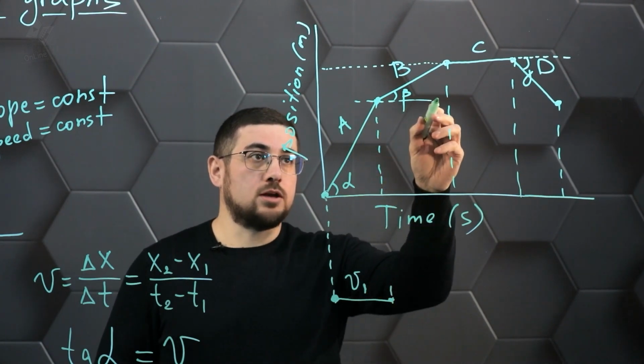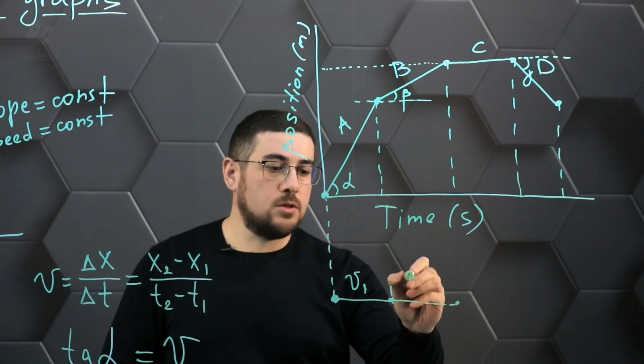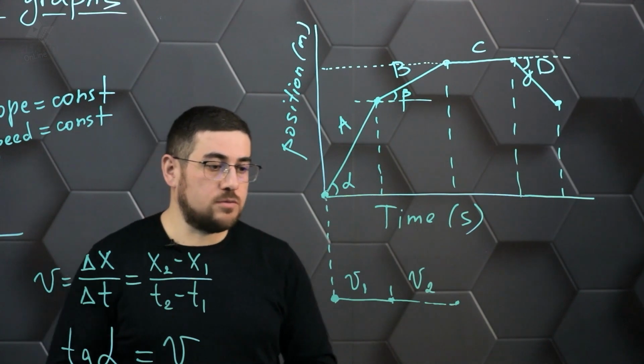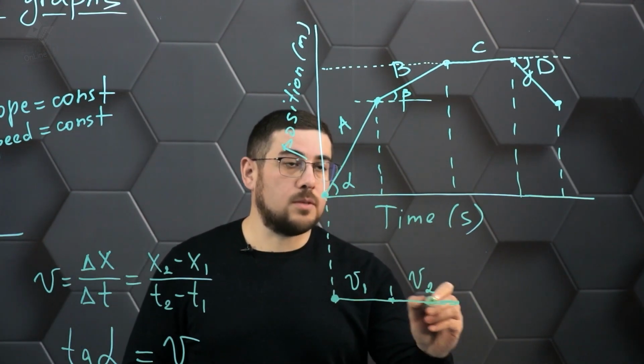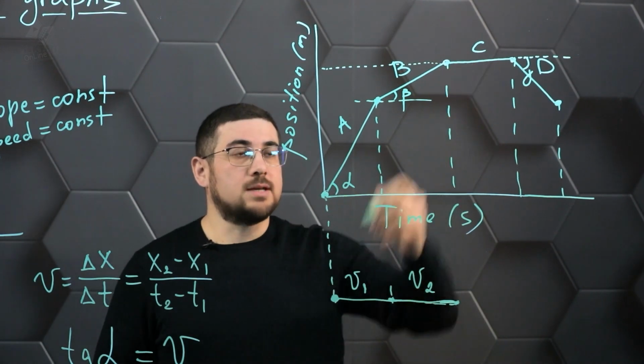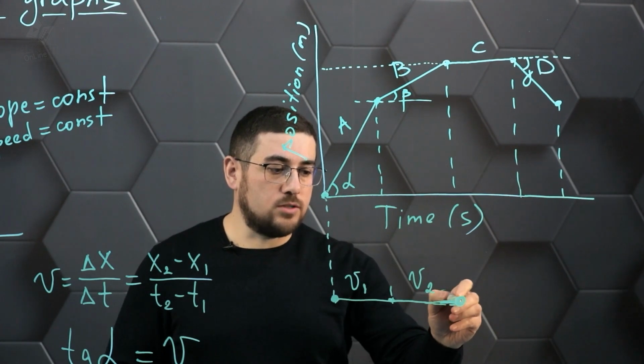Next, what happened on the plot v2? The velocity has already changed. That is, the body is moving at a lower velocity, but during the given time it will of course also travel a certain distance, and we can also determine the velocity by knowing the displacement and the time of motion of this body. What happens at plot C? The body stands still.